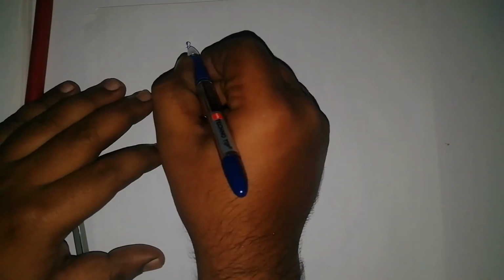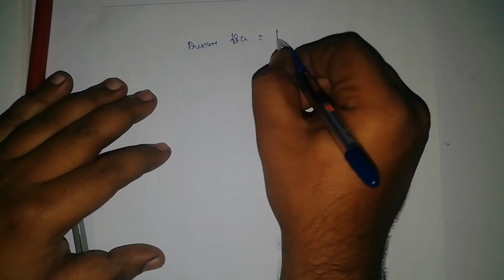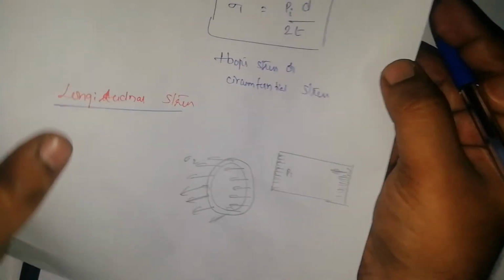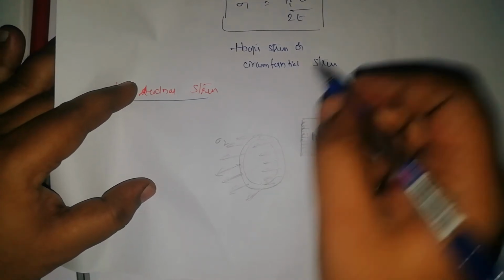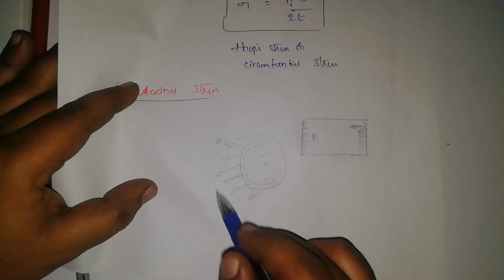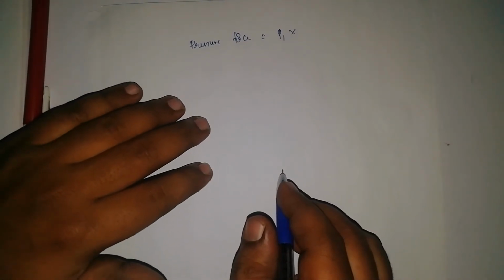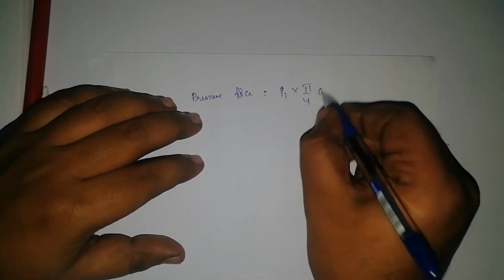So, this pressure force is equal to P internal into, it is acting on this area, correct. So, this is your area, it will be acting on the whole surface like this, pressure, okay. That is pressure force is equal to P into pi by 4 of d square.